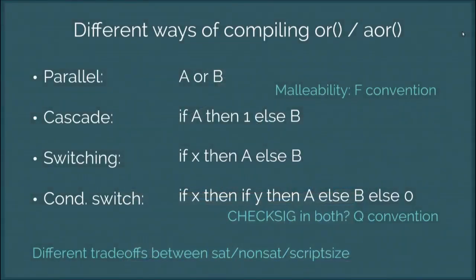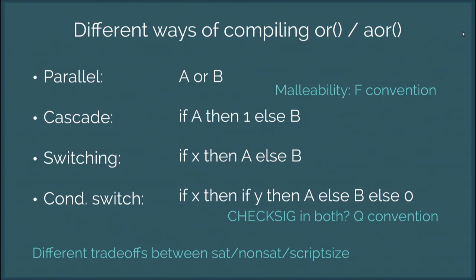You just run both and do a Boolean combination of the two. But this has the downside that you need to provide inputs for both, even knowing that only one of the two will succeed. So there's an alternative, which I'm calling a cascade OR: you run A, and if it succeeds, you return 1, and otherwise you run B.